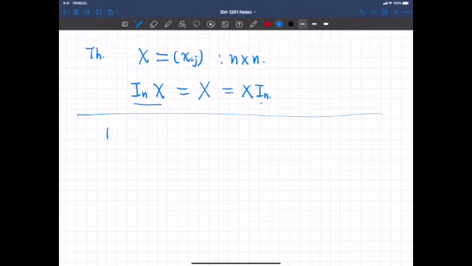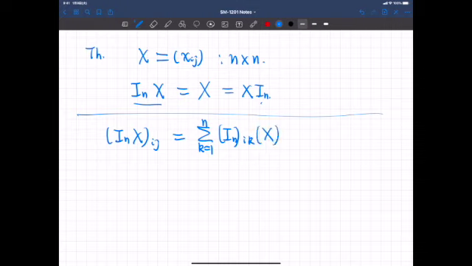The ij element of IX is this, according to the definition of matrix multiplication: the sum over k of I_ik and X_kj. The ij element of the identity matrix is Kronecker's delta, so this is equal to delta_ik times X_kj.